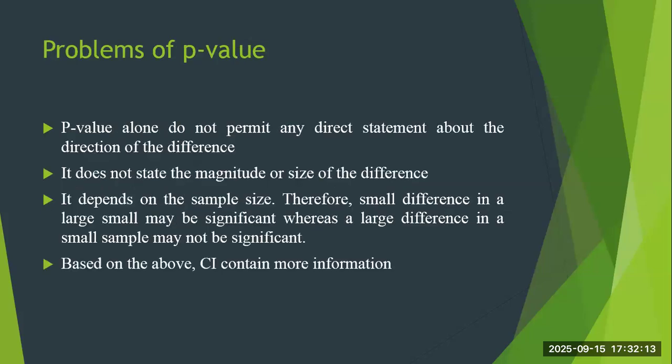Now, p-values do have a problem. P-values alone do not permit you to make a direct statement about the direction of the difference. So if I do a chi-square and find out that there's a difference between male and female with regards to their reading ability, it does not tell me whether it is male or female that has significantly higher ability to read. It just tells me that, with regards to gender, there are differences in reading ability.